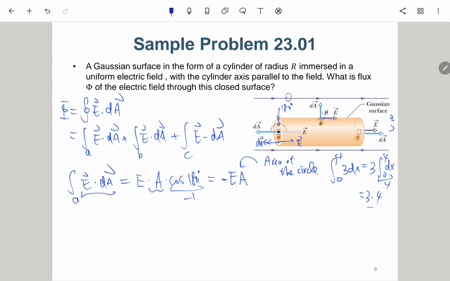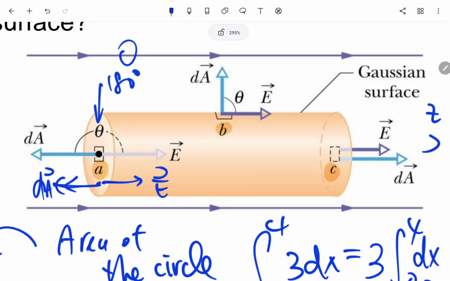Then for part B, or maybe we go to part C first, since part C is easier. Part C is this circle. Similar to part A, we have dA pointing to the right side, outside of this cylinder and perpendicular to this circle.